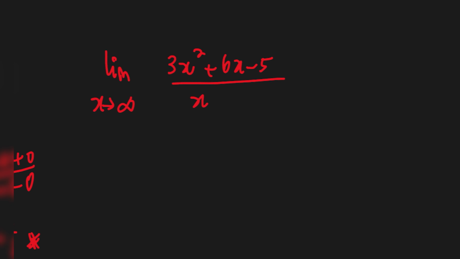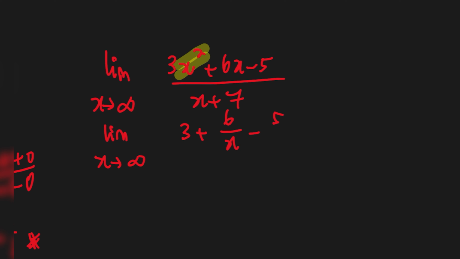Okay, no worries, we're just going to look at another example here. So I'm going to have this as my example. Now let me ask you, what is the highest power of x in this question? It will be x squared. So we are going to divide all terms with x squared.